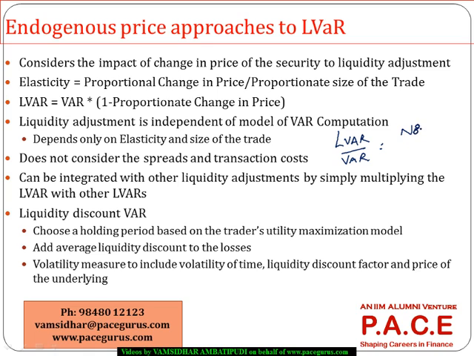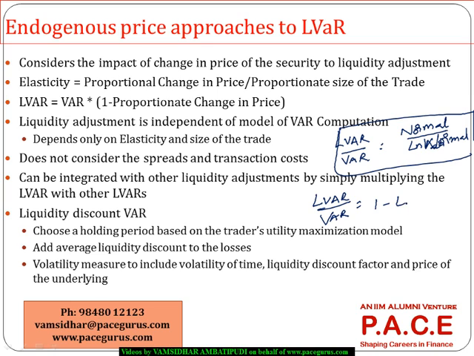Depending on whether I am using a normal VAR or log normal VAR, the LVAR to VAR ratio is changing. But when I look at the endogenous price approach, the LVAR to VAR ratio is straightforward.